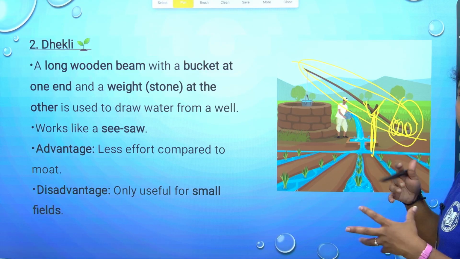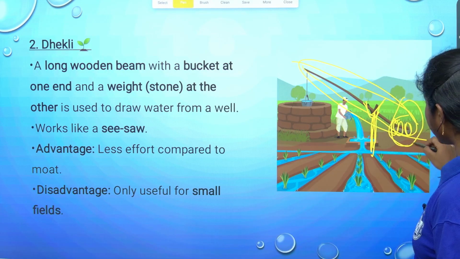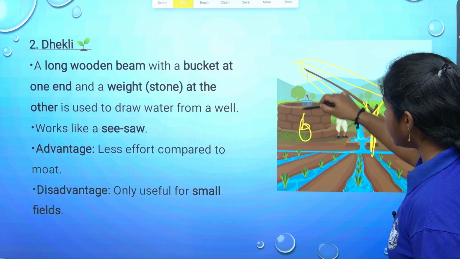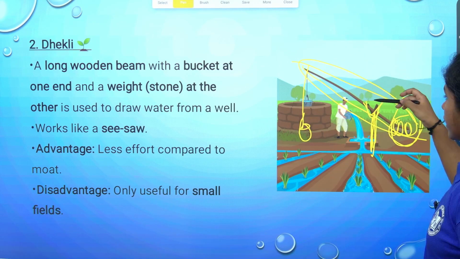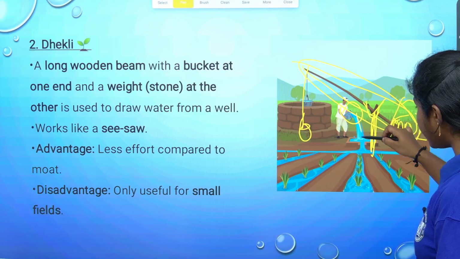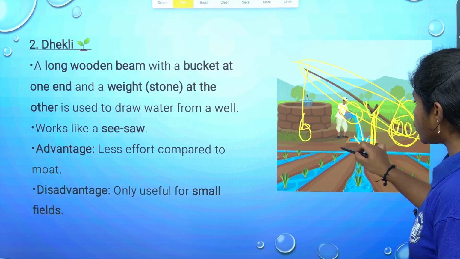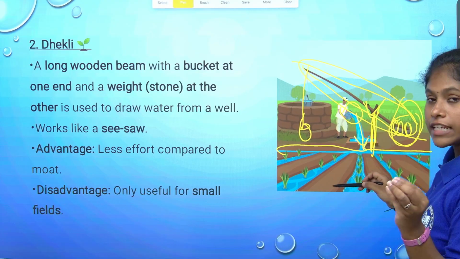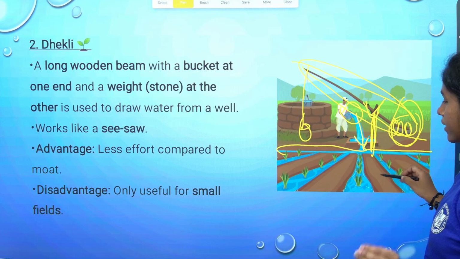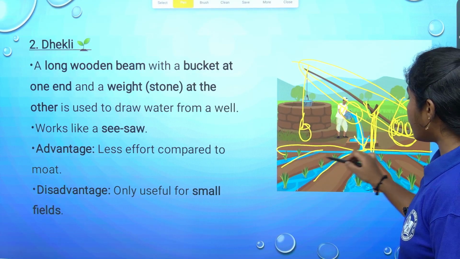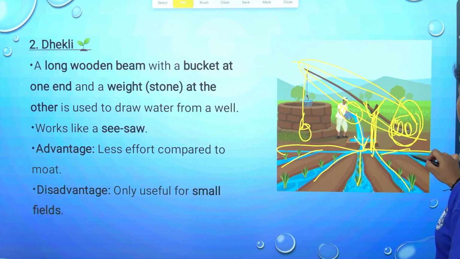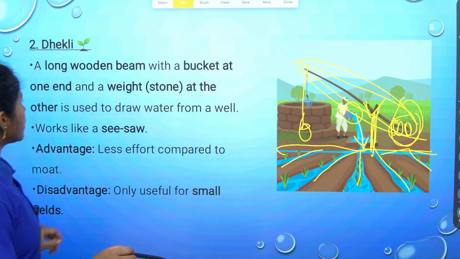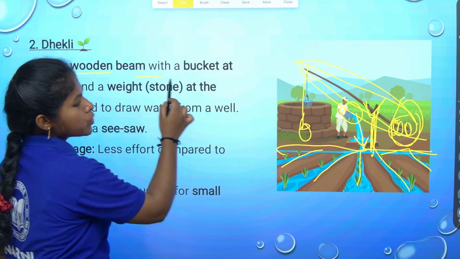When the stone goes down, the water present inside the well comes upward. Then the farmer collects that water and provides it one way. It looks like a seesaw, like a little canal, which provides water to the plants, but labor is required always. See here, in the Dhekli, the long wooden beam is attached with a bucket.